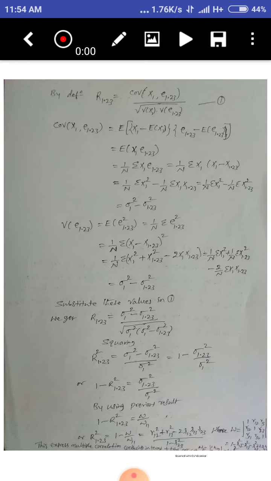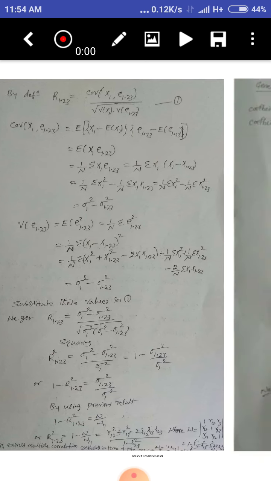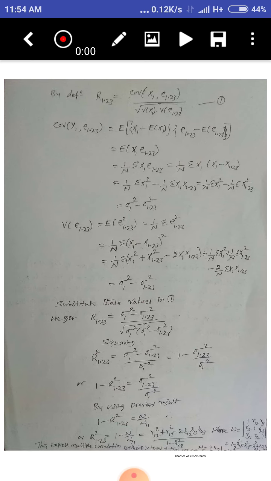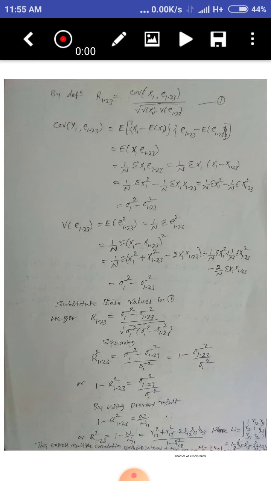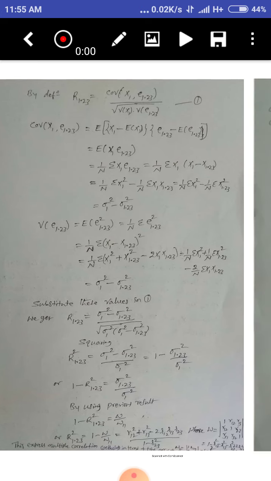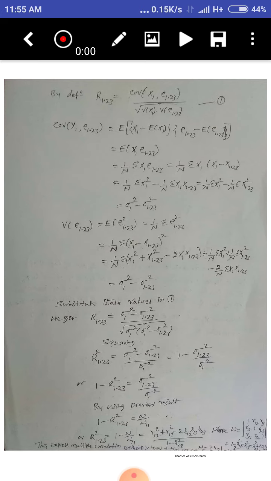Substitute these values in the above formula. Then we get R1.23 equals sigma 1 square minus sigma 1.23 square divided by the square root of sigma 1 square into sigma 1 square minus sigma 1.23 square.